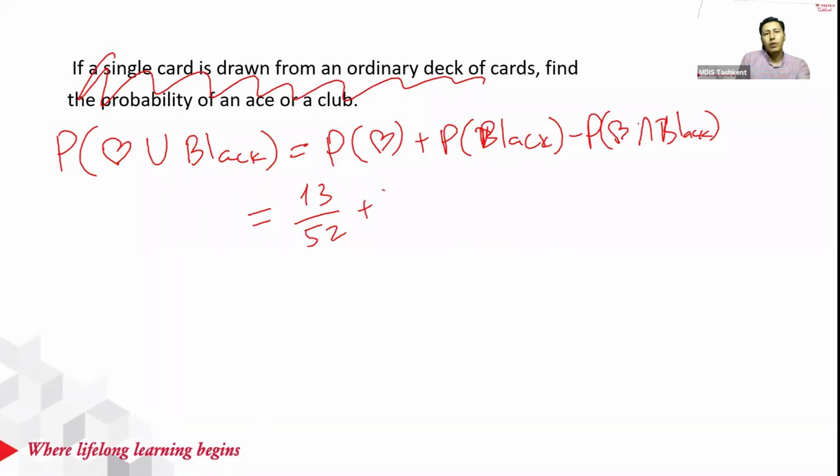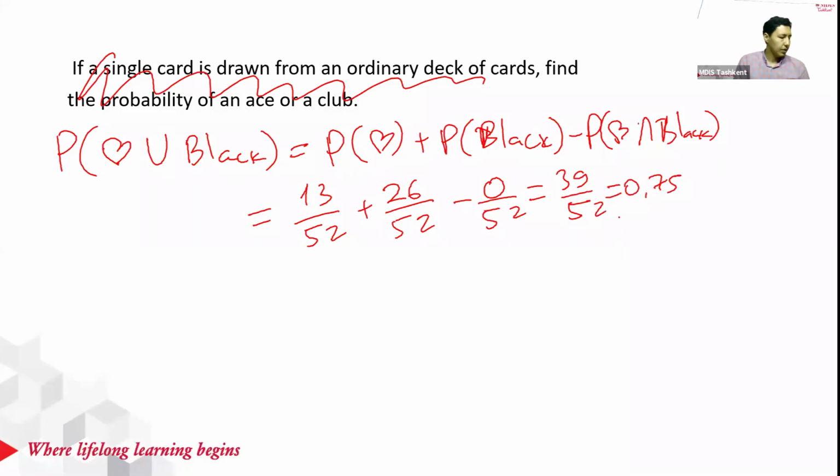Black cards 26, minus black hearts. All the hearts are red, so there is no black heart. That means it is 0. Or you can say these two are mutually exclusive events. So 39 over 52, 0.75. Understand?